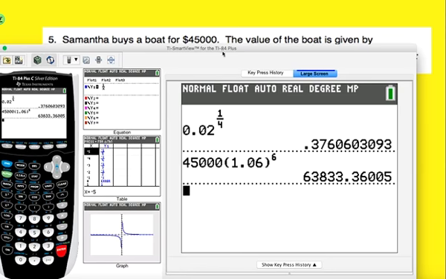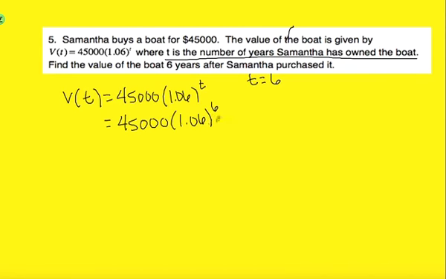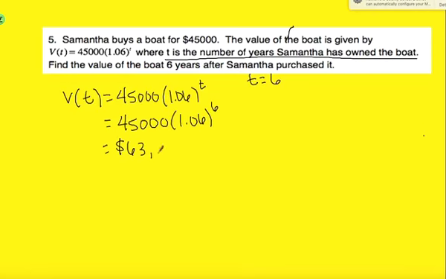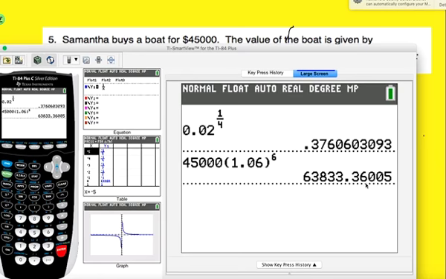Remember, though, that we're talking about the value of a boat, which means we're talking about money. So we need to make sure that we round our decimal to 2 places. So our answer is going to be 63,833.36.